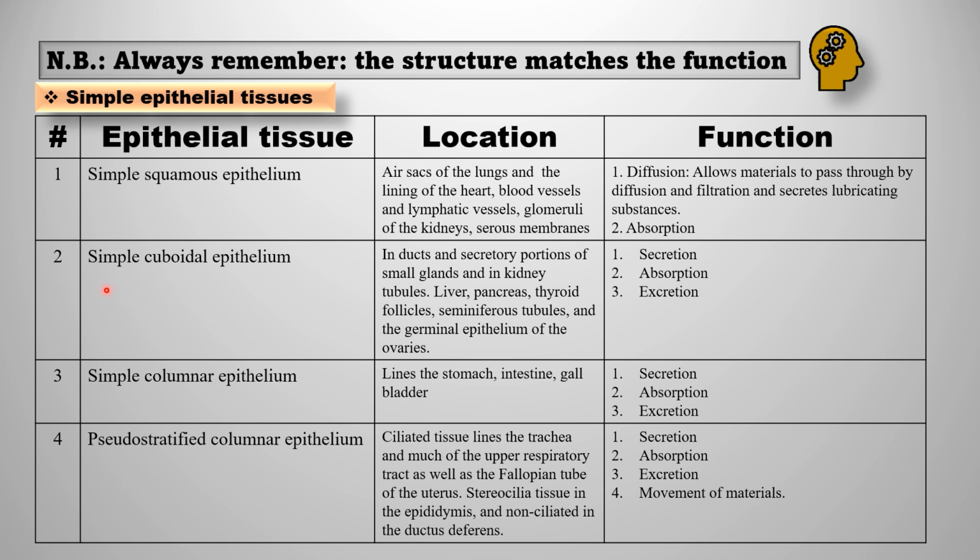The second one is the simple cuboidal epithelium. We can find it in the ducts and the secretory portions of the small glands, in the kidney tubules, in the liver, pancreas, thyroid follicle, seminiferous tubules, and the germinal epithelium of the ovaries.